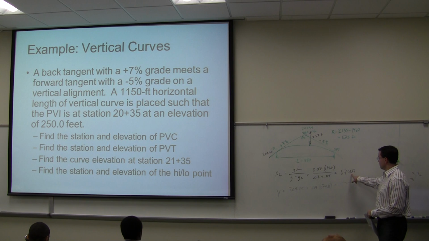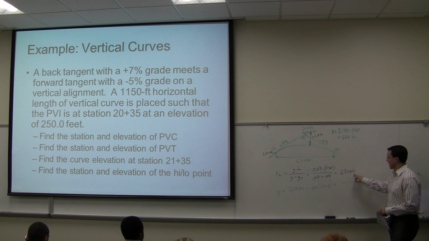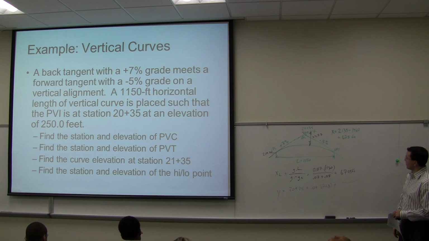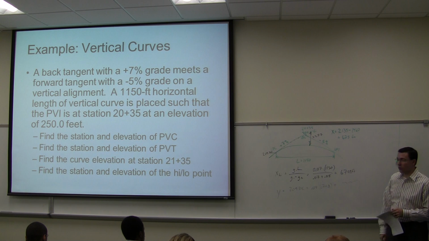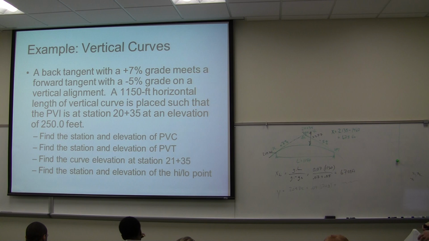And then the station, you can just add that to whatever our VPC station was that we calculated before and find out that the station was 21 plus 30.8 or something like that. The station of the high point.